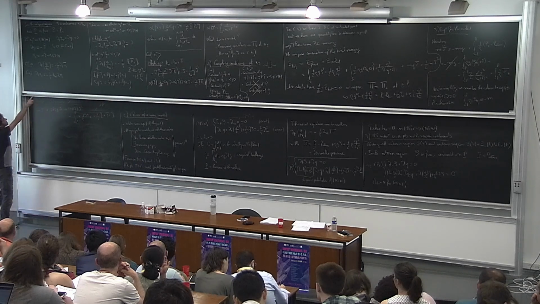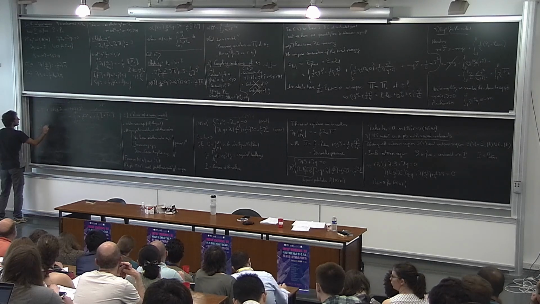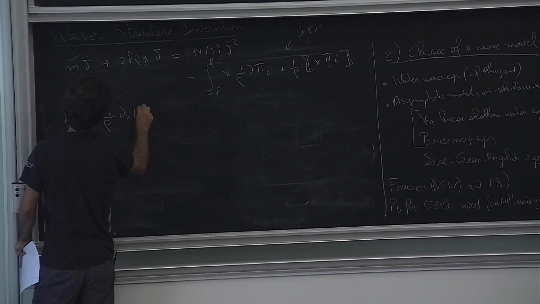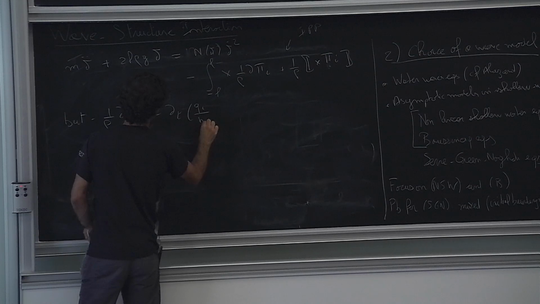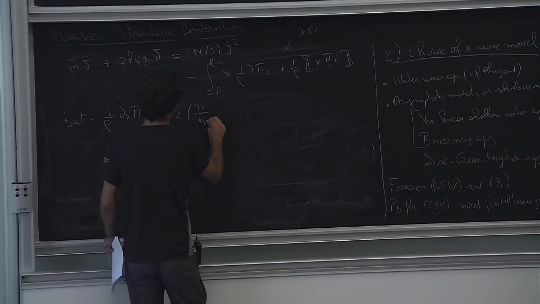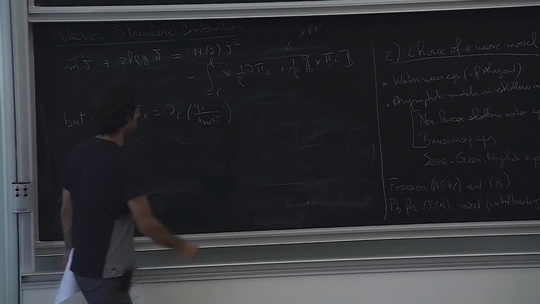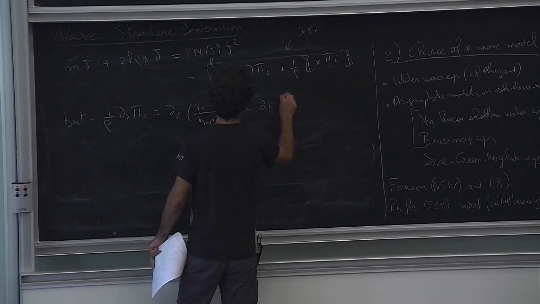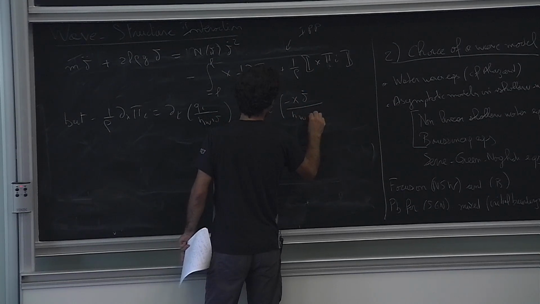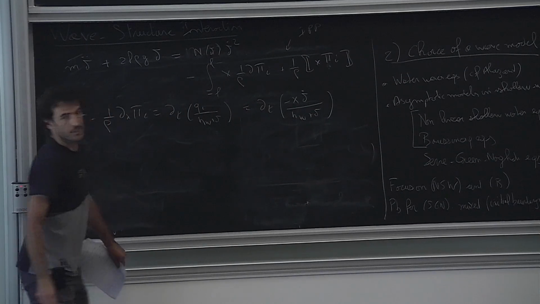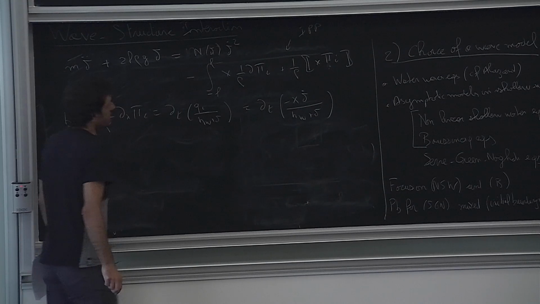Why did I do that? Because I have already an expression for dx pi. We know that 1 over rho dx pi is equal to dt of Qi over h. In this case, we know that it's dt of minus x delta dot over h_ek plus delta. So you can replace in this expression.